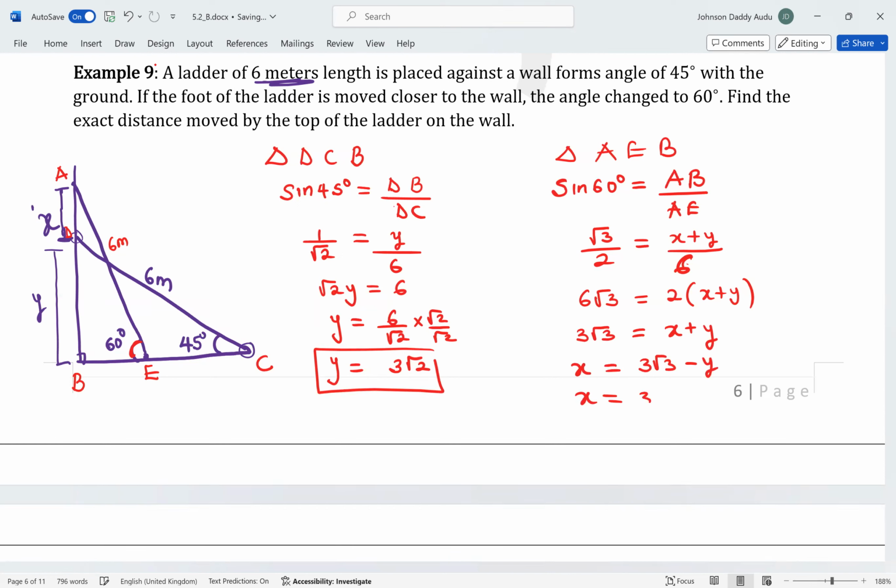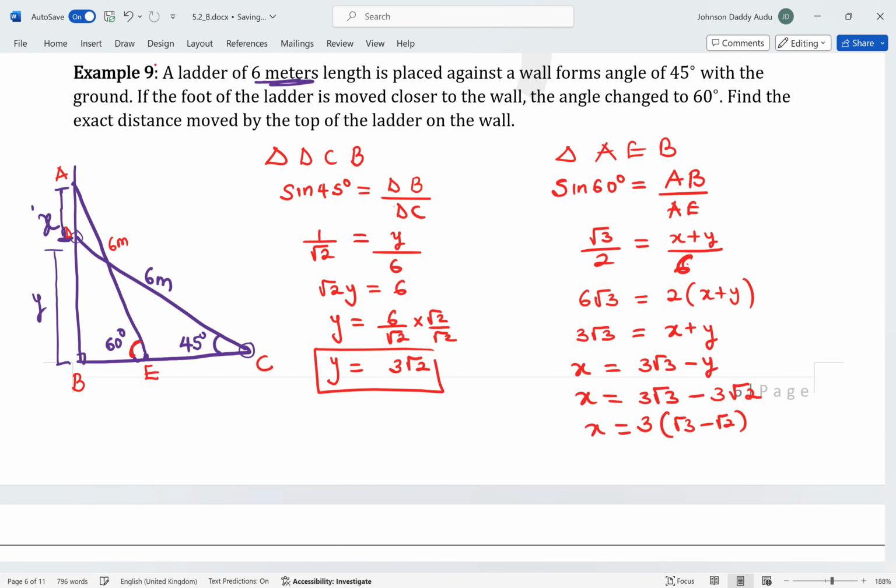But what is y? Y is 3 root 2. So we have 3 root 3 minus 3 root 2. Am I correct? Yep. So here we can take 3 as a common factor, so we have 3 times root 3 minus root 2. And this should be the length it moves, in meters. So this is the distance we are looking for here.